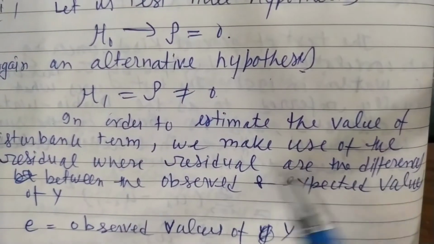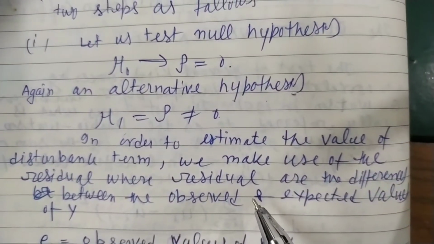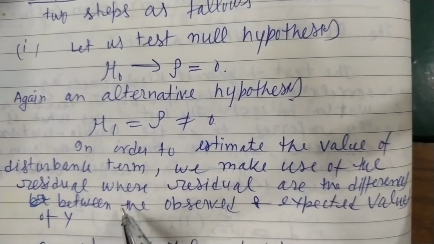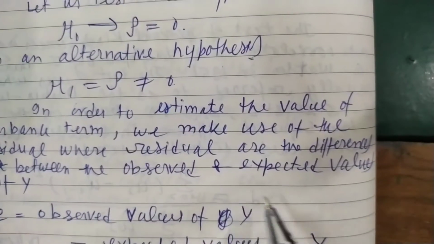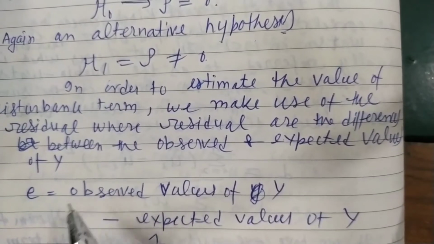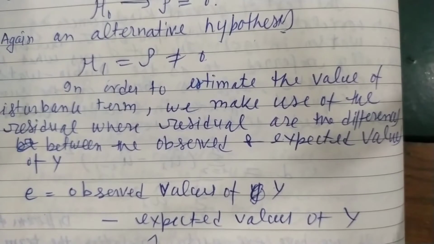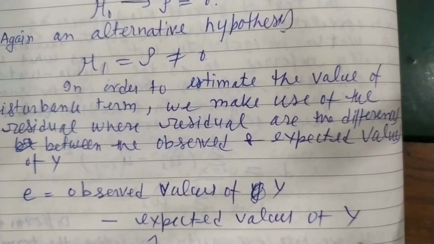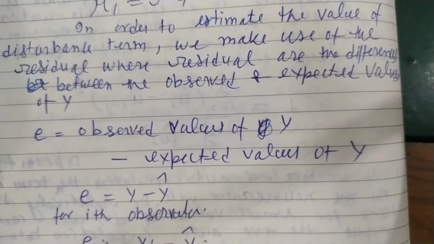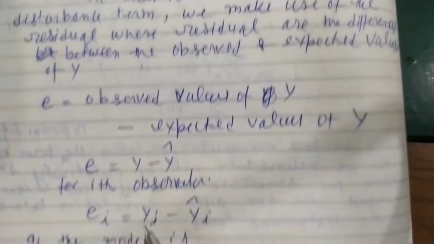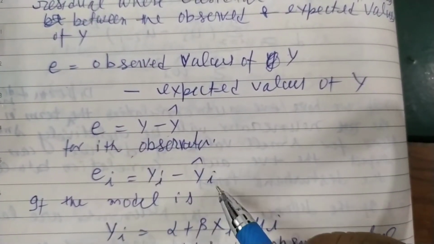In order to estimate the value of the disturbance term, we make use of the residual, where residuals are the differences between the observed and expected values of y. Residual e is equal to observed value of y minus expected or estimated value of y. For the ith observation, ei is equal to yi minus estimated yi.